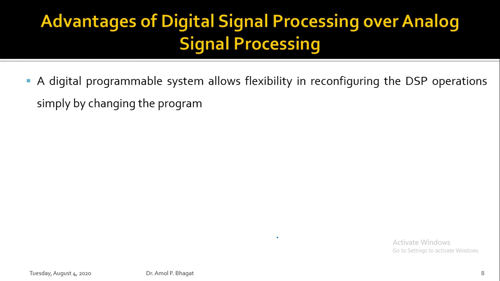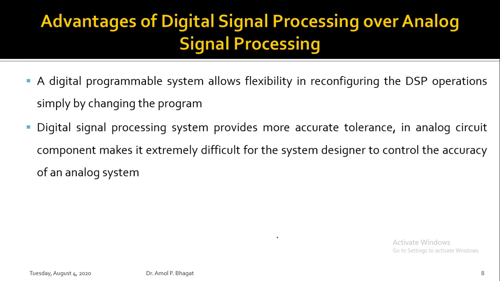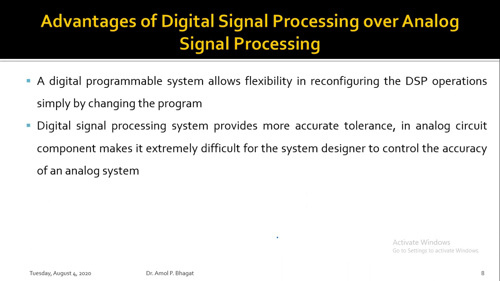A digital programmable system allows flexibility in reconfiguring the DSP operation, that is the digital signal processing operation, simply by changing the program. A realized digital signal processing system provides more accurate tolerance. In analog circuitry, the hardware components make it extremely difficult for the system designer to control the accuracy of an analog system, so there is more accuracy in a digital signal processing system.